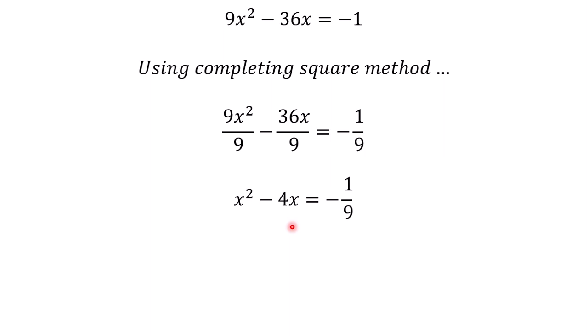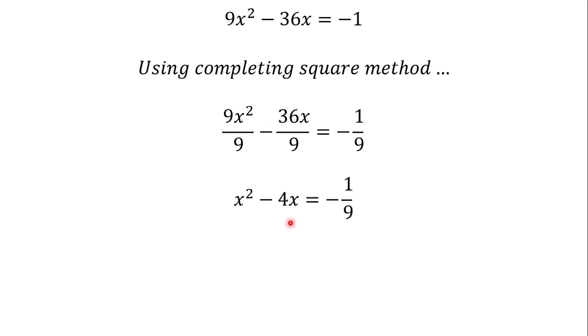But if this equation were like x squared minus 4x plus 1 over 9 is equal to 0, then by using that approach, we are just going to add and subtract.